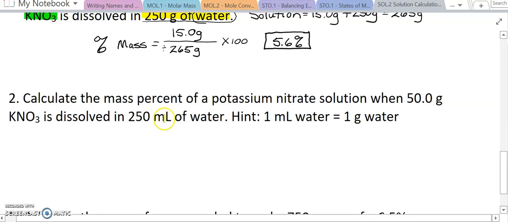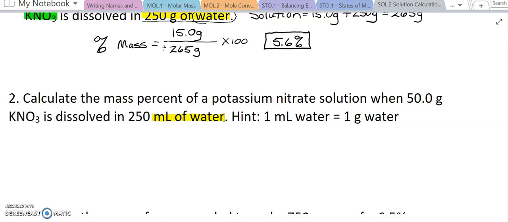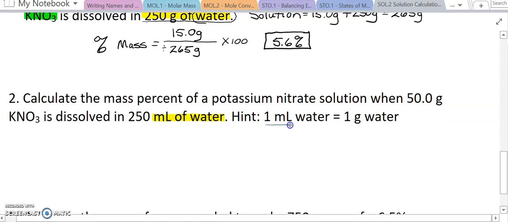Now, if I'm taking a look at my percent by mass, milliliters is not a mass. Milliliters is a volume. So not only do I have to pay attention to whether this is solution, solute, or just water, I also have to pay attention to the fact that this is milliliters.